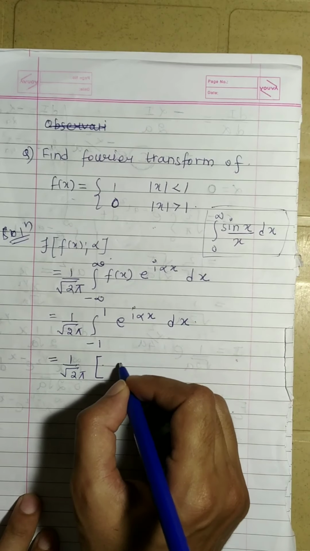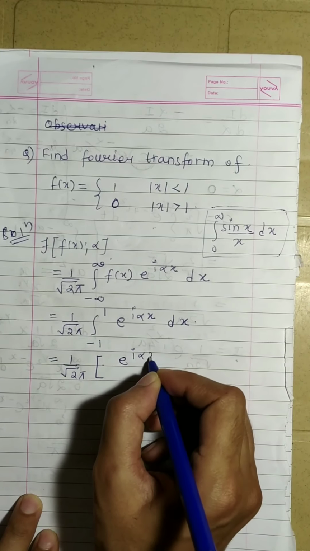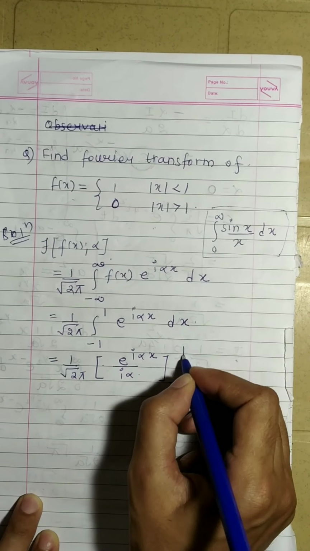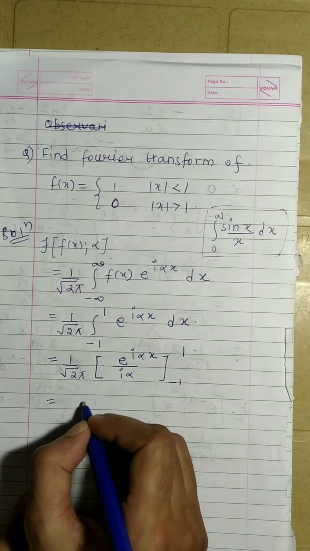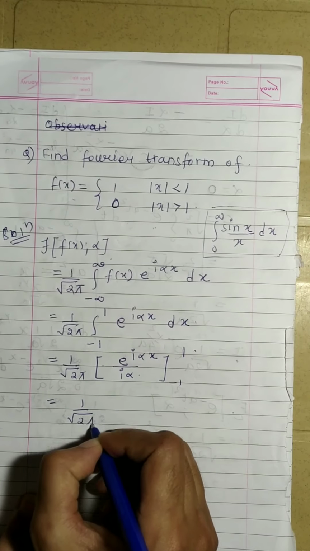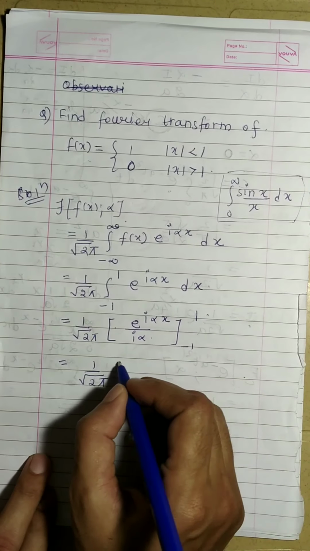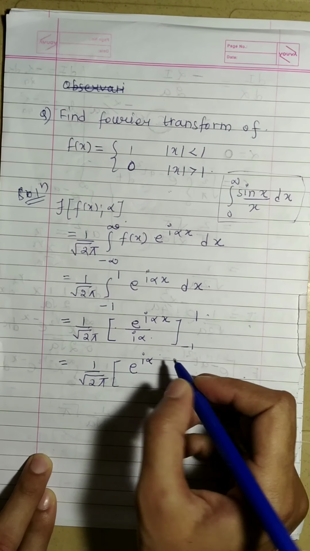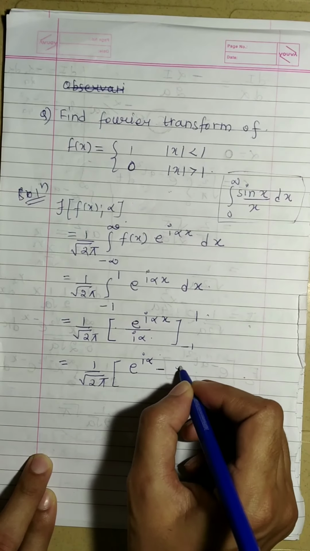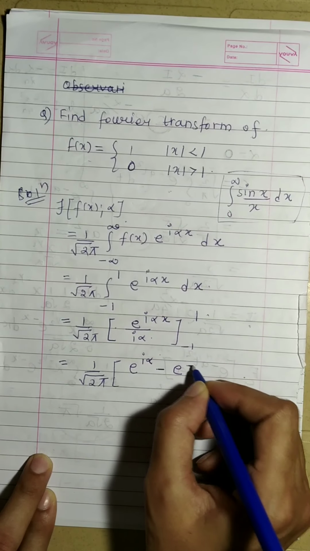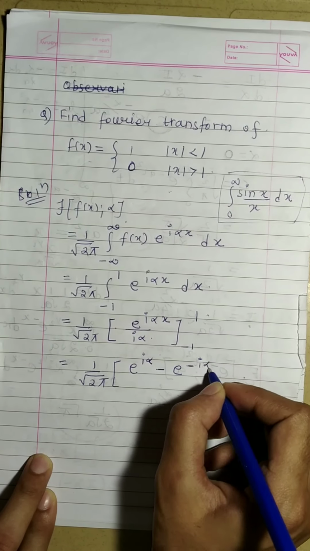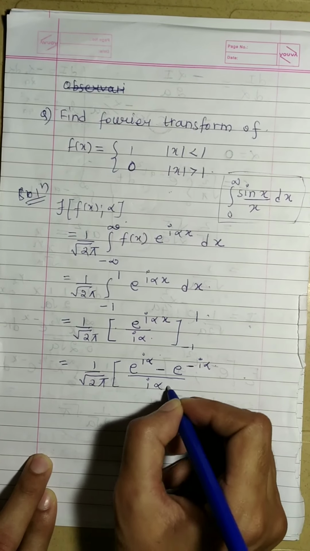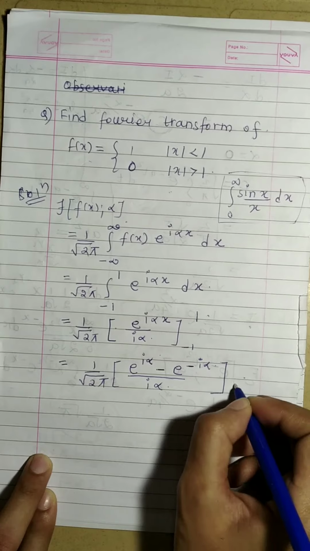Here we will get e raised to I alpha x by I alpha, from minus 1 to 1. So that is equal to 1 upon root of 2 pi times e raised to I alpha minus e raised to minus I alpha divided by I into alpha.